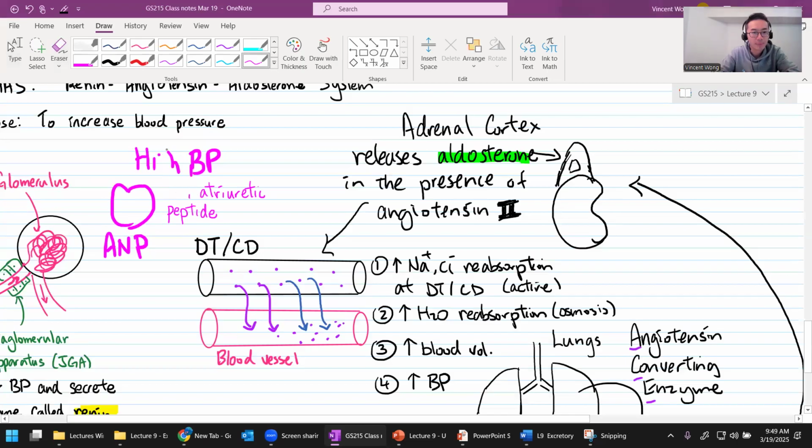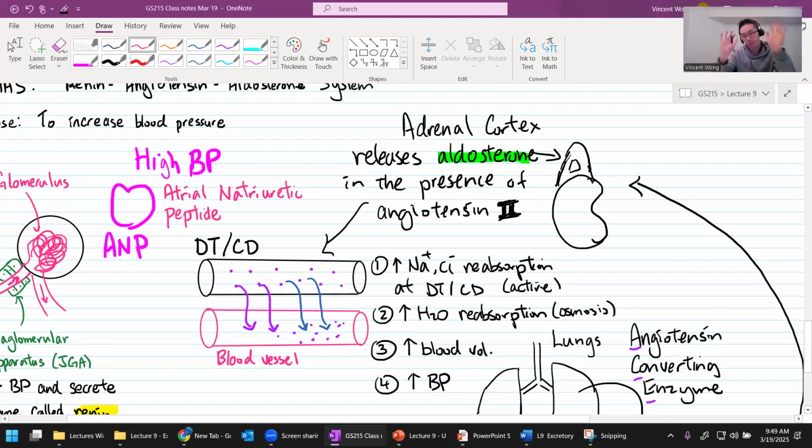I confused myself with another hormone here. It's not anti-natriuretic, okay? It's atrial. A stands for atrial. Let me write that again. So sorry. Atrial because it comes from the atrium. Natriuretic peptide or protein.